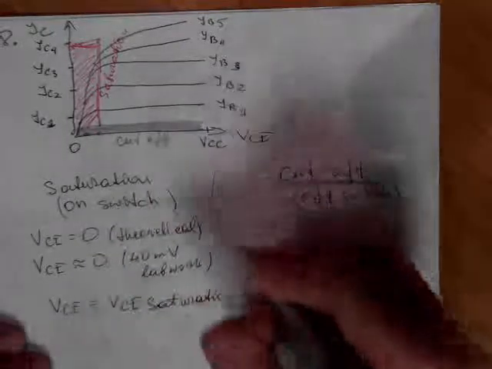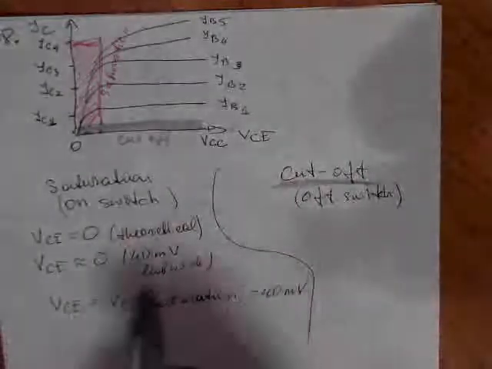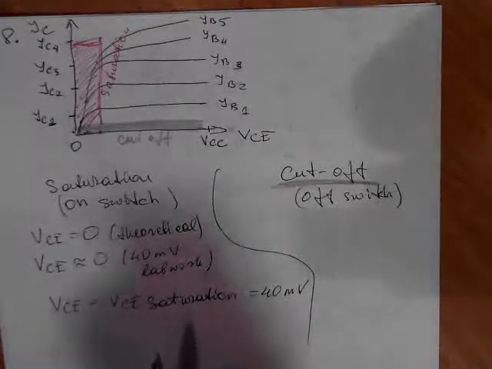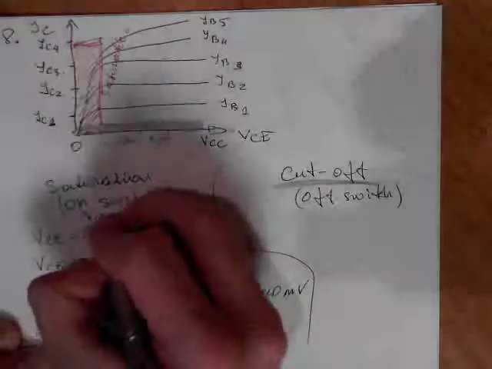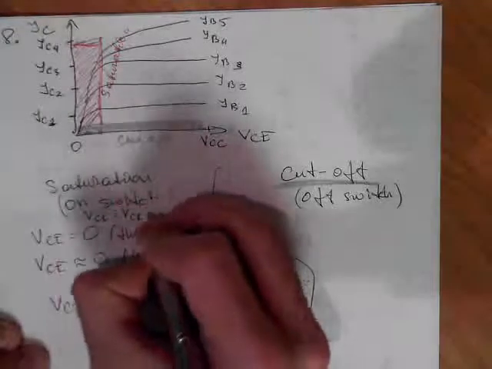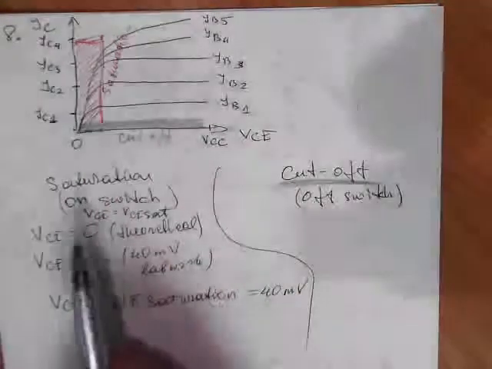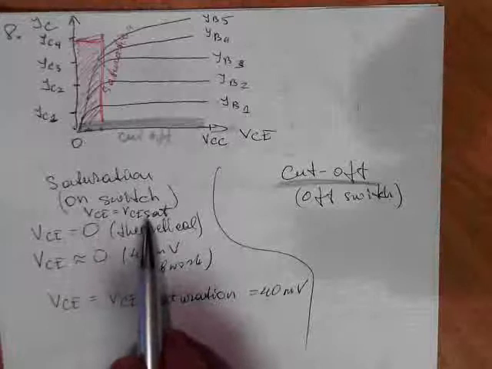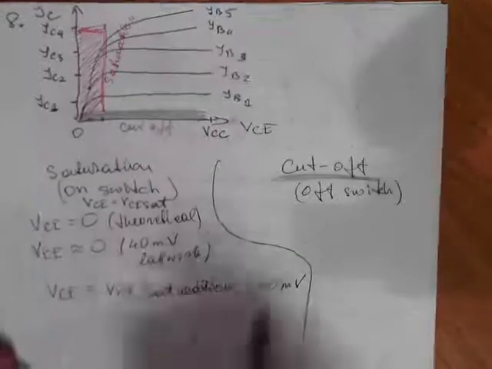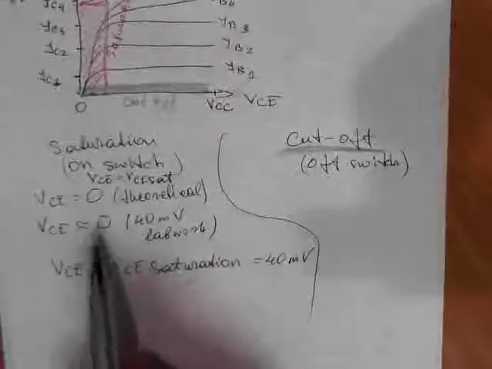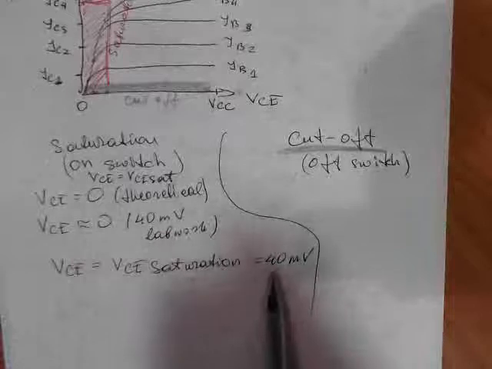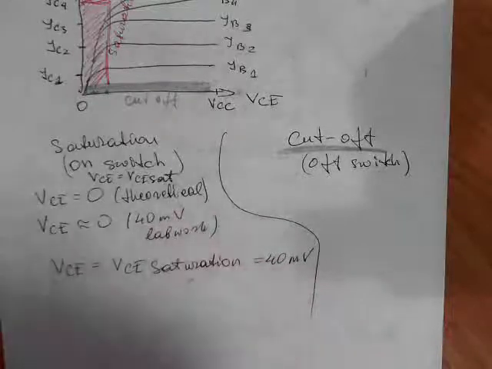In saturation, we have this saturation voltage that is close to 0. In saturation, VCE is equal to VCE saturation, and VCE saturation is close to 0, or in practice it is 40 millivolts.